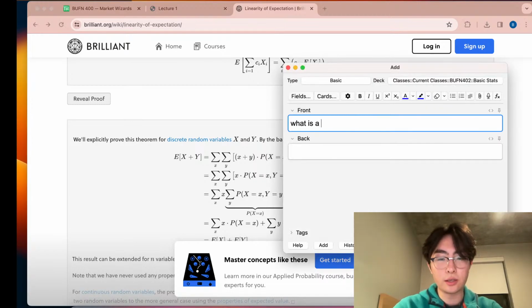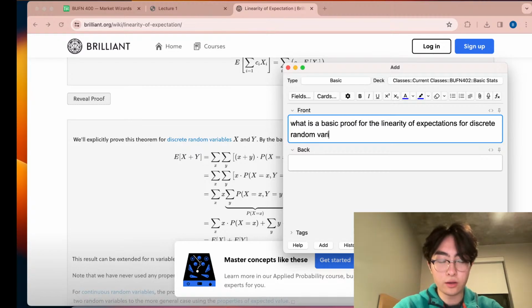So what is a basic proof for the linearity of expectations for discrete random variables?